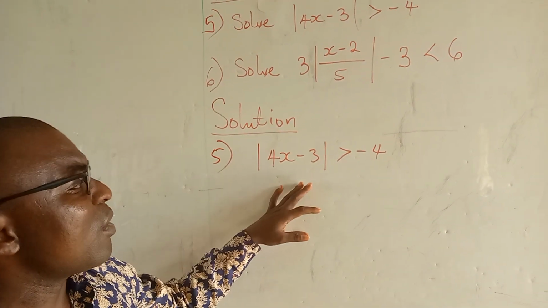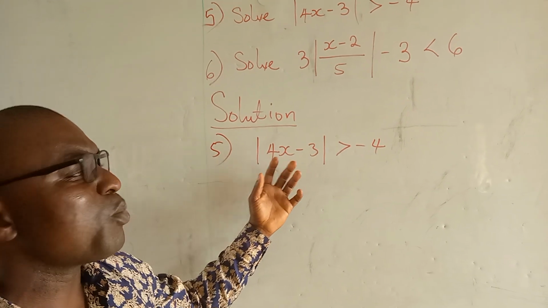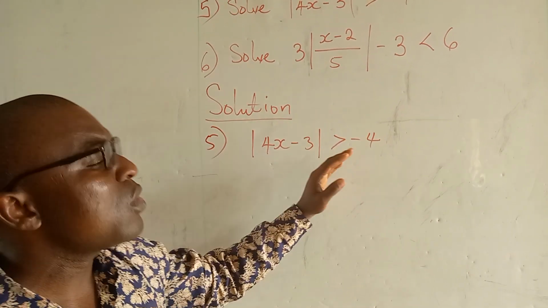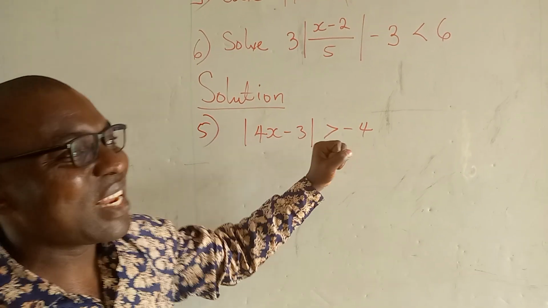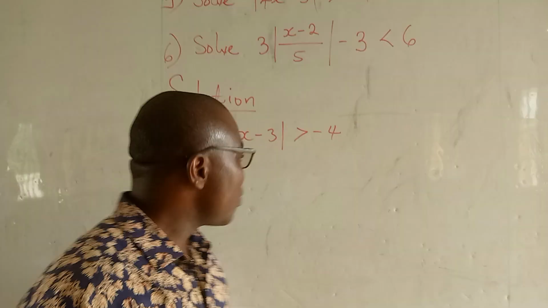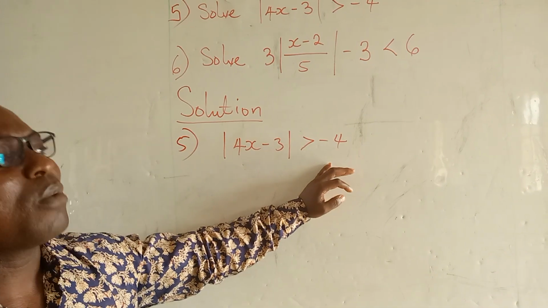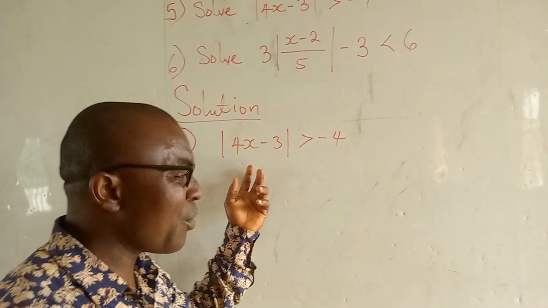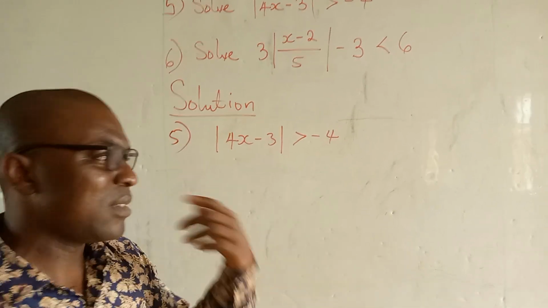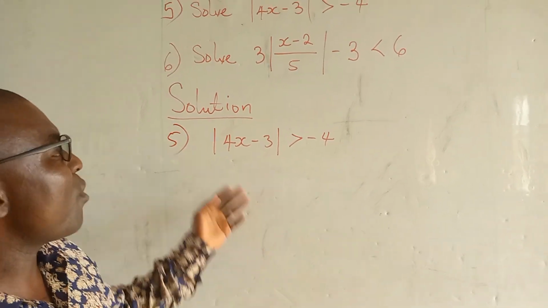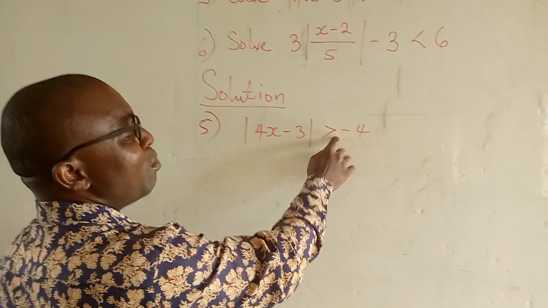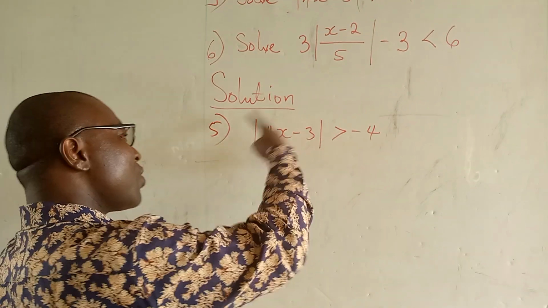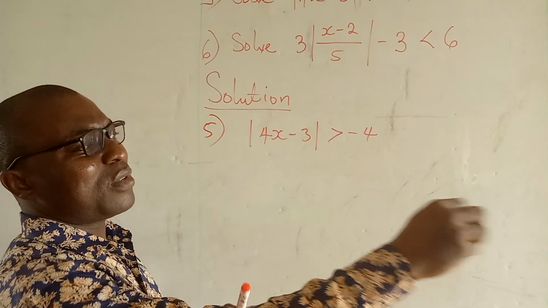The reason is that whenever an absolute value expression is given, the solution will either be 0 or greater than 0. The solution cannot be negative. The solution must be either 0 or greater than 0. So for that reason, any value of x you put, this statement will be true. In other words, the solution to this question is all real values of x.